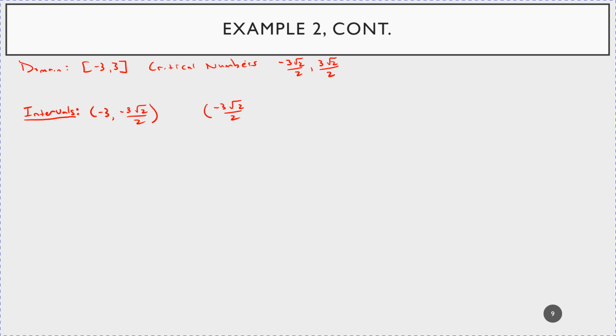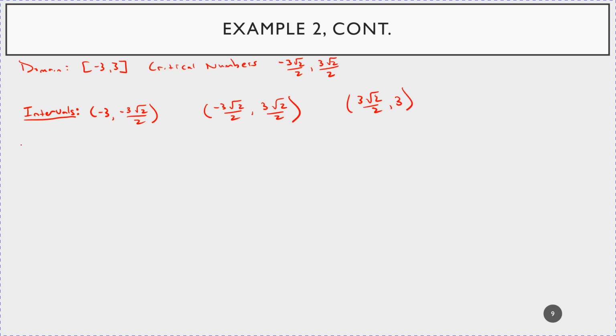You go to the next value, whether the domain end or a critical number, which is 3 square root of 2 over 2. Then your last interval, you pick right back up at 3 square root of 2 over 2 and go all the way to 3.